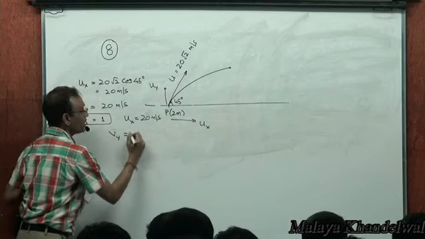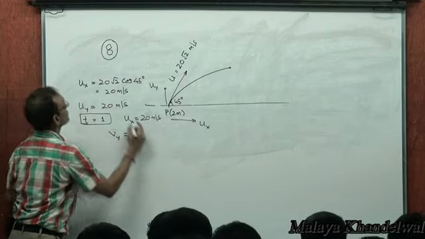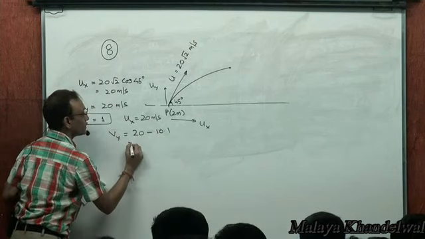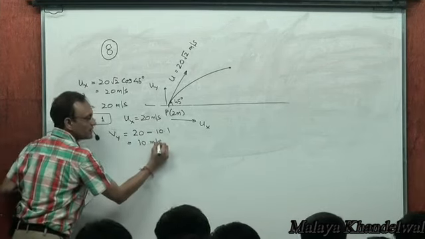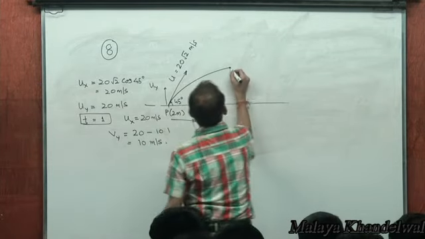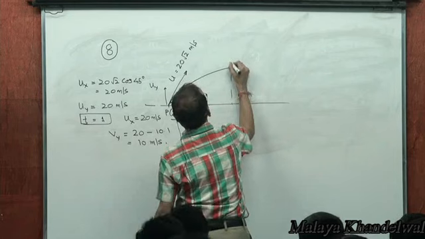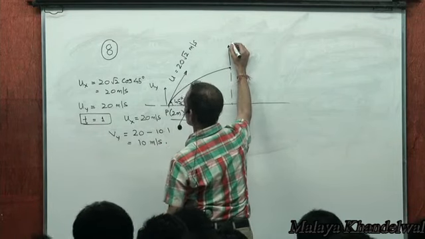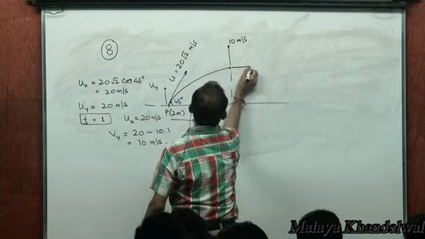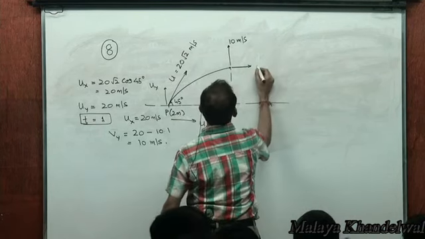What happens to uy? It becomes vy, which is the initial 20 minus 10 into 1, that is 10 meters per second. That means 1 second later, the combined mass has a velocity of 10 meters per second vertically and a horizontal velocity of 20 meters per second.